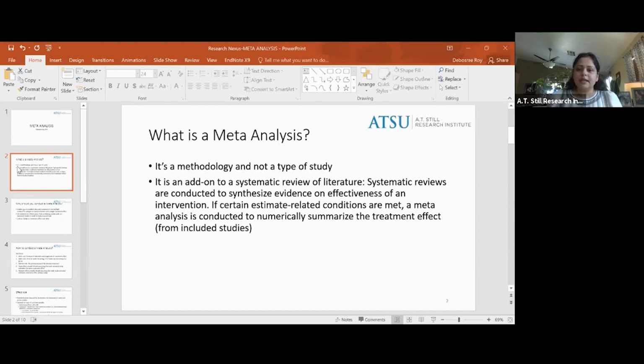The systematic review contributes to the bulk of literature from which clinical evidence is derived. But meta-analysis is finding a strong foothold in the evidence synthesis world ever since the idea of network meta-analysis was introduced, which we are not going to cover today. I don't know how to do a network meta-analysis.